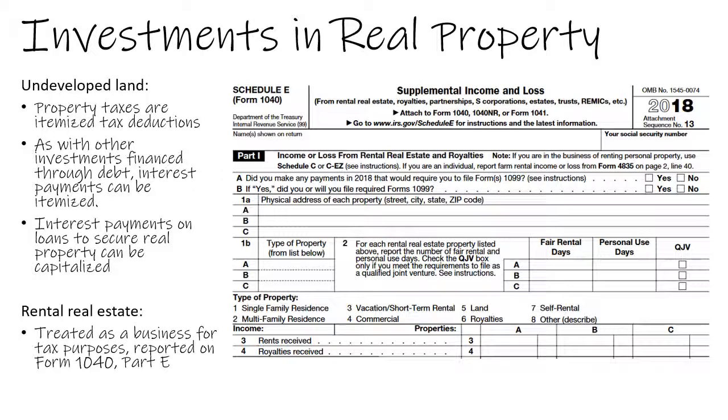Any property taxes incurred on the land are itemized deductions. As with other investments that are financed through debt, the interest payments on mortgages used to purchase undeveloped land can be itemized as well.